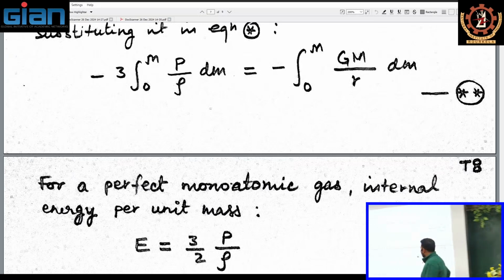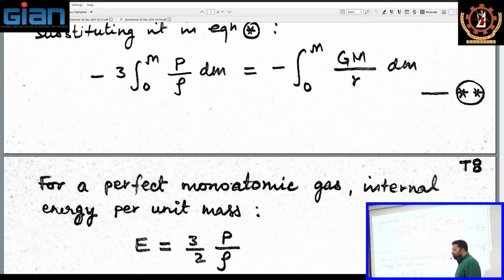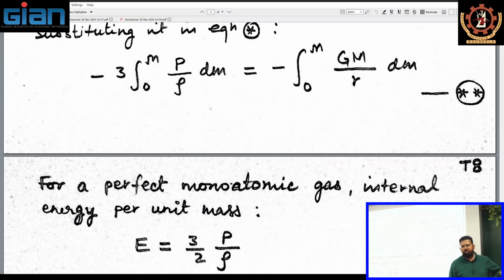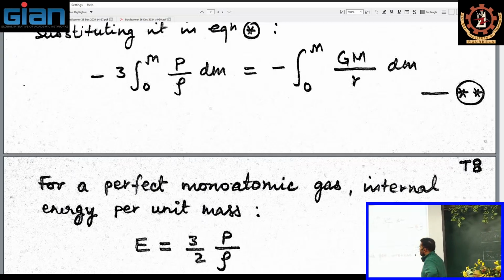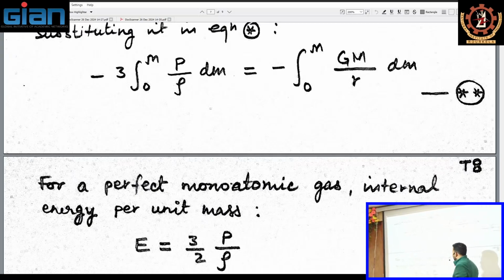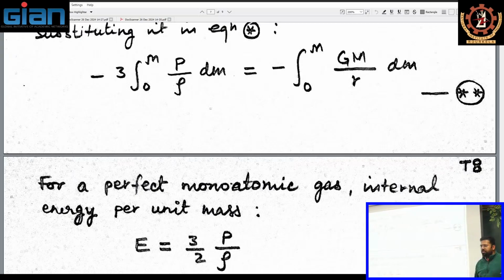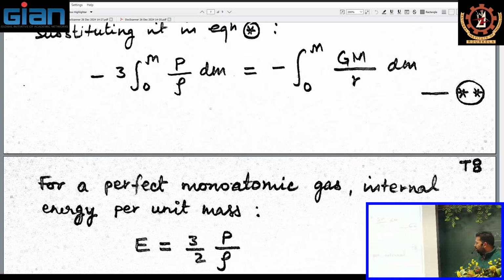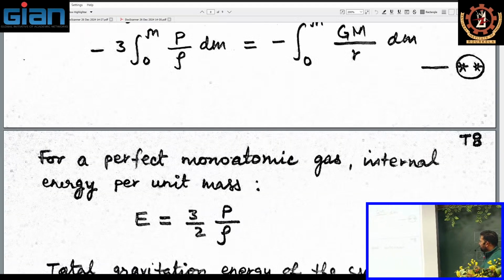For a perfect monatomic gas, the internal energy per unit mass is typically given in the form E is equal to 3 by 2 P divided by rho. So the left hand side of this expression is a form of our internal energy per unit mass. This is the typical expression for a perfect monatomic gas: a factor 3 by 2 multiplied by pressure divided by density.